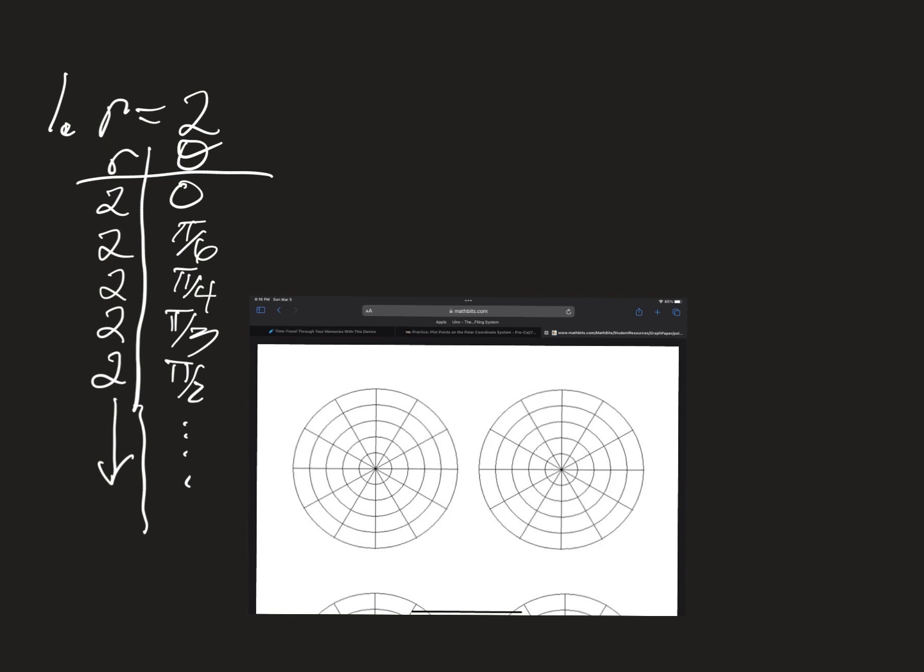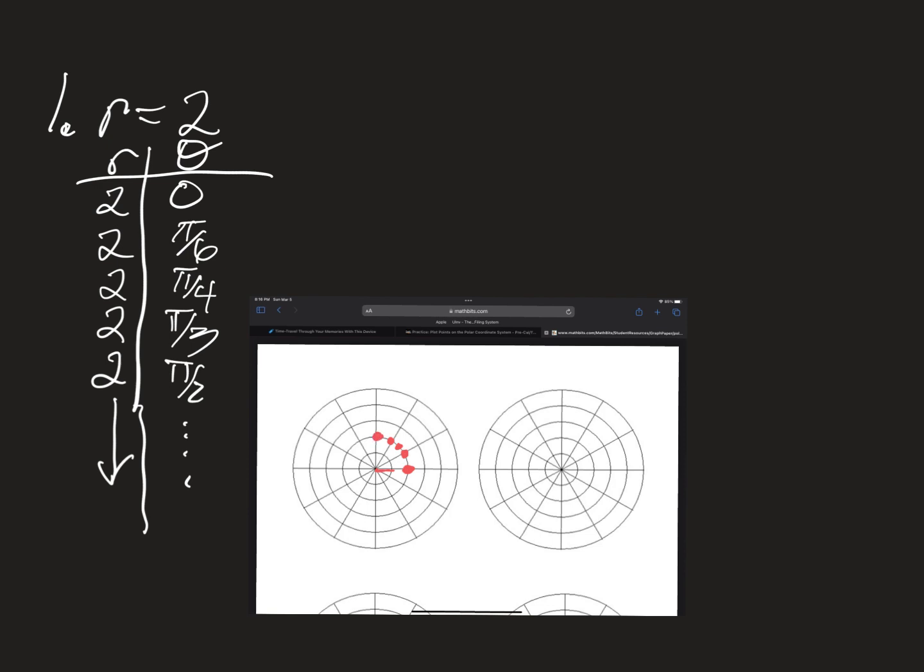So on our graph down below, we have theta equals 0, which is here, but we plot the radius 2. And then at pi over 6, we plot 2. At pi over 4, which is halfway between pi over 6 and pi over 3, we plot 2. At pi over 3, we plot 2.